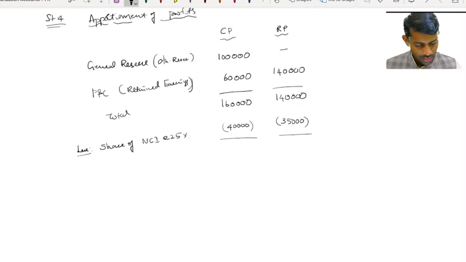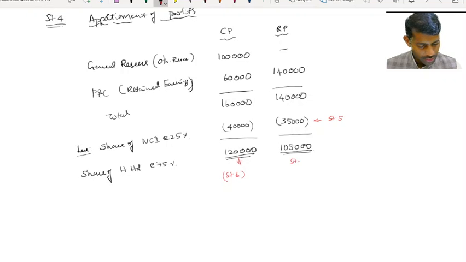If you reduce, what you get is the share of H Limited at 75%, which comes to 1,20,000 and 1,05,000. Both will go to step number 5. This will go to step number 6, cost of control. This will go to step number 8, reserves for CPS.